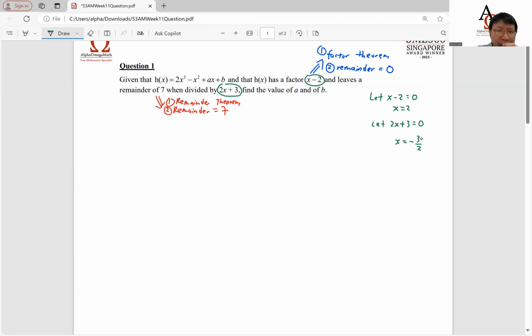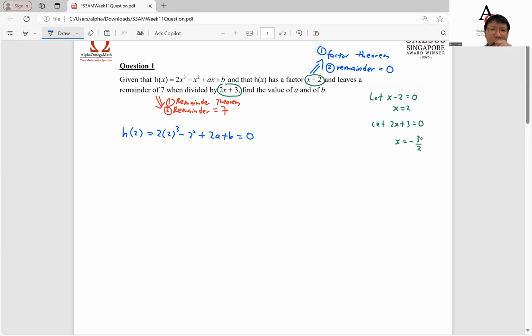So let's start with subbing in x equals 2 into our polynomial. We have h(2) equals 2 times 2 cubed minus 2 squared plus 2a plus b equals 0, because our remainder is 0 in this case since x minus 2 is a factor of the original polynomial. Applying factor theorem means the remainder is 0.